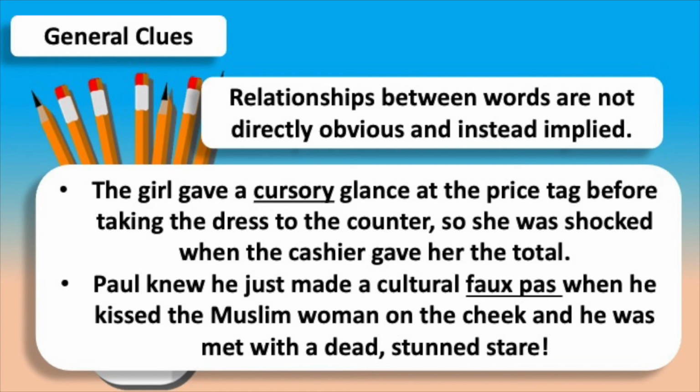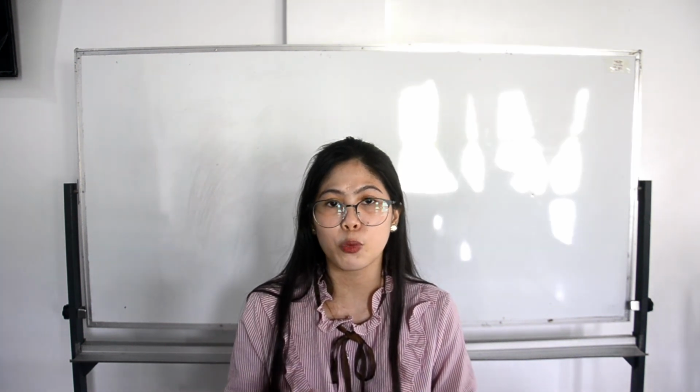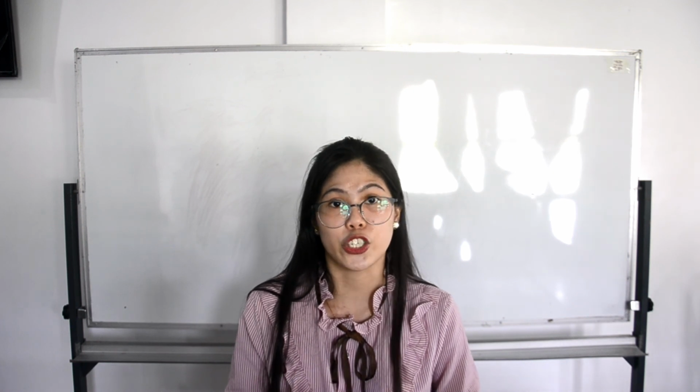Next example. Paul knew he just made a cultural faux pas when he kissed the Muslim woman on the cheek and he was met with a stunned stare. So here your clue would be the Muslim culture. We all know that Muslim women are more conservative than us, and for them there should be no physical contact between people of the opposite gender.